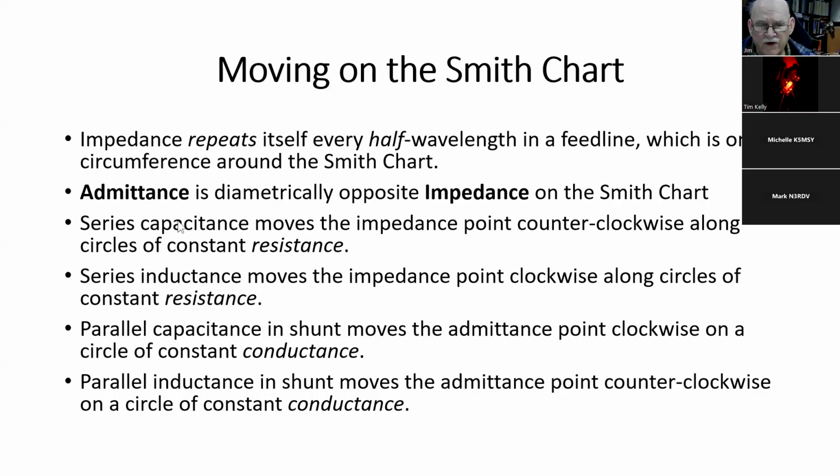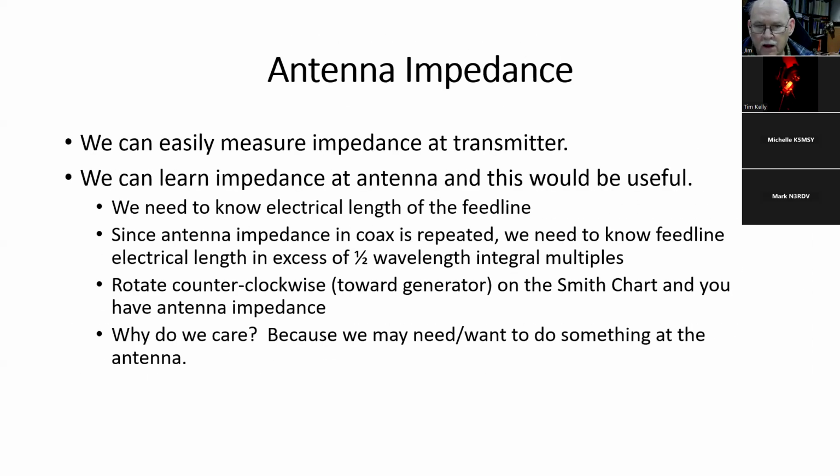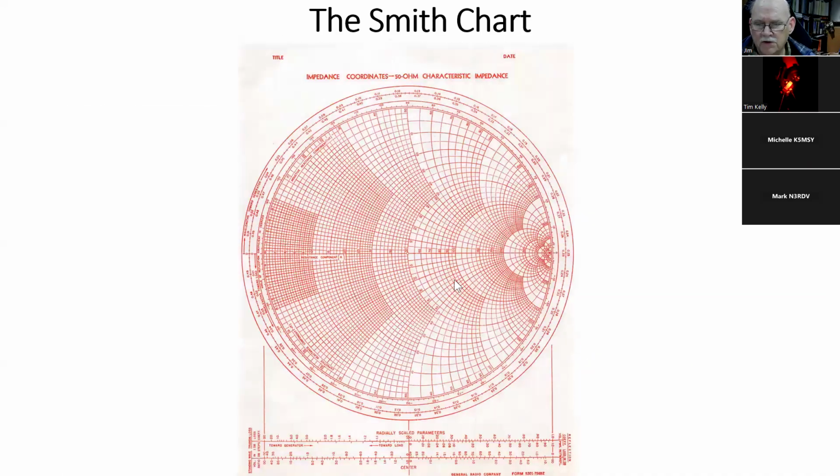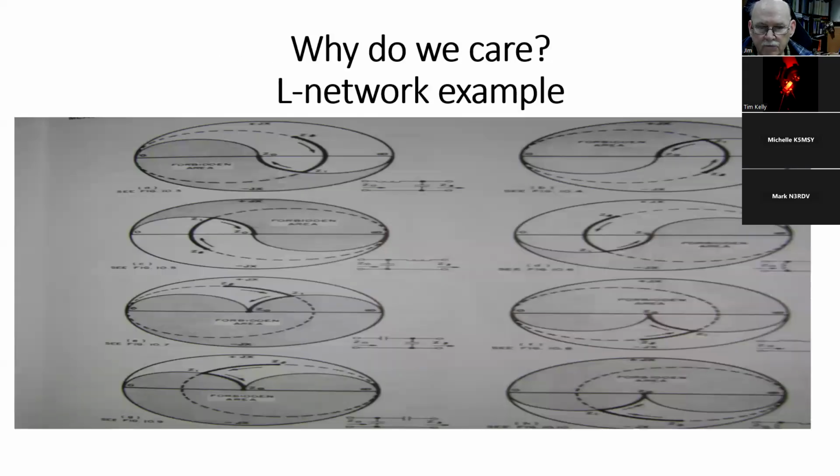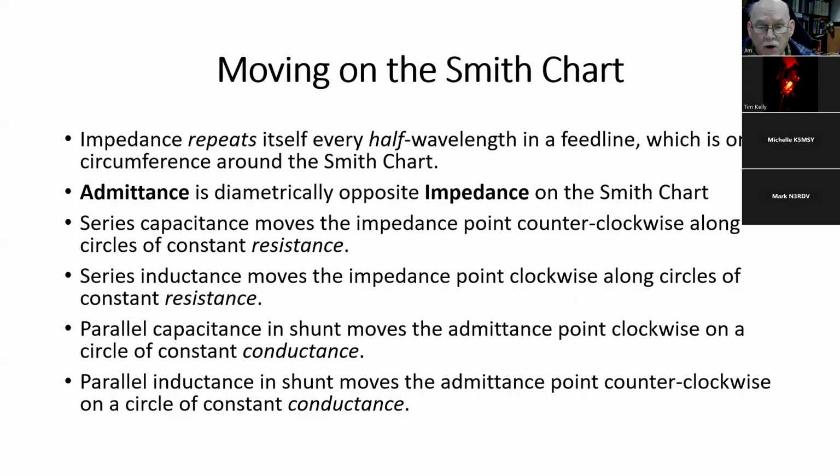Okay, so moving on, series inductance moves the impedance clockwise along one of those circles of constant resistance. So if I add series inductance to an impedance down here, it's going to move me this way. Series capacitance will move me counterclockwise this way. Parallel capacitance in shunt moves the admittance point clockwise on a circle of constant conductance.